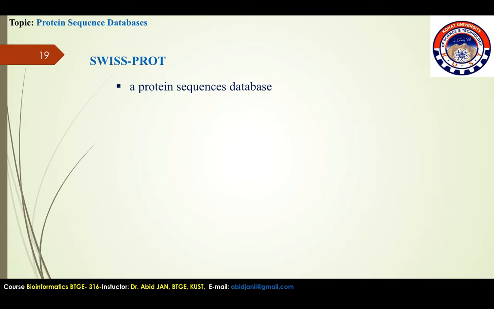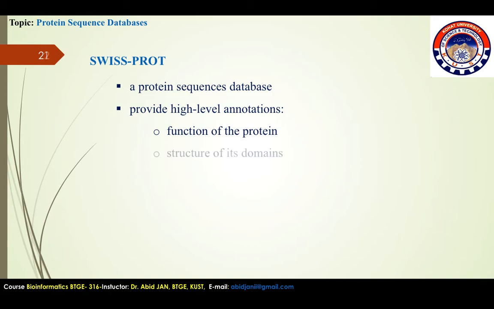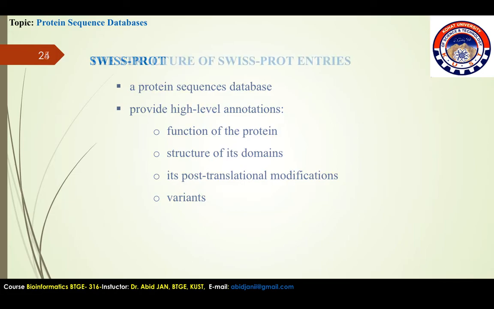The database endeavors to provide high-level annotations, including description of the function of a protein and of the structure of its domains, its post-translational modifications, variants, and so on. And SwissProt aims to be minimally redundant.